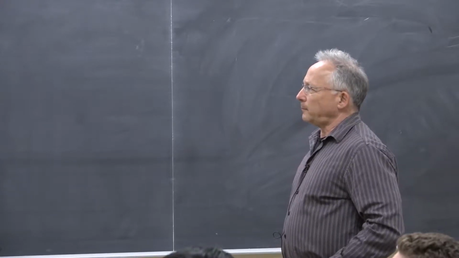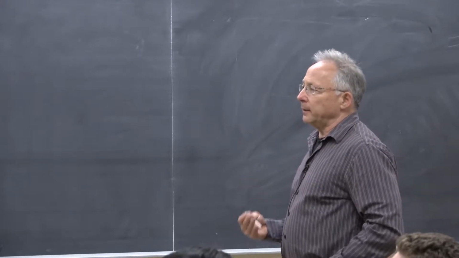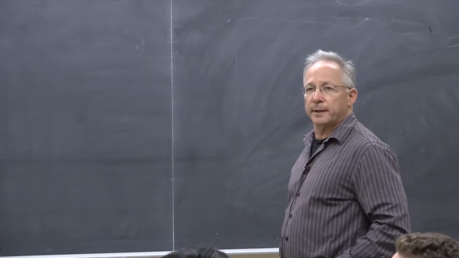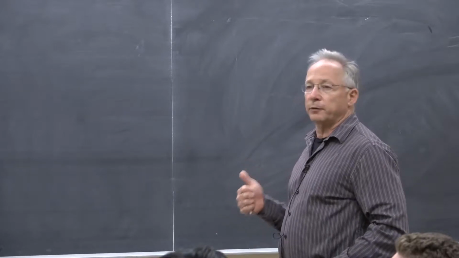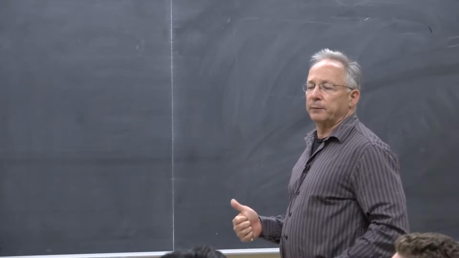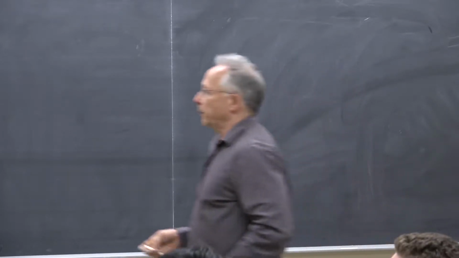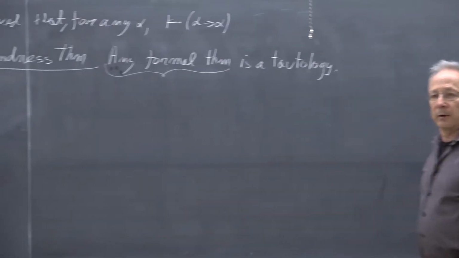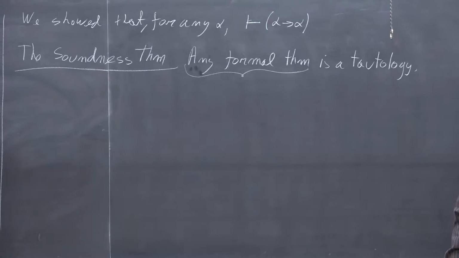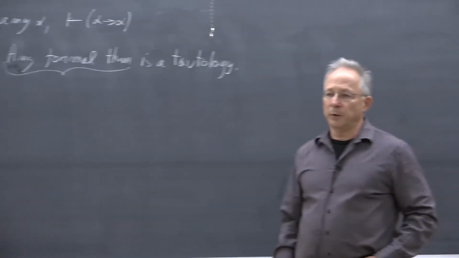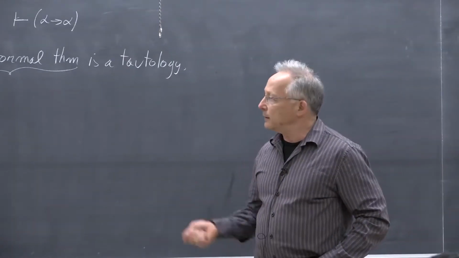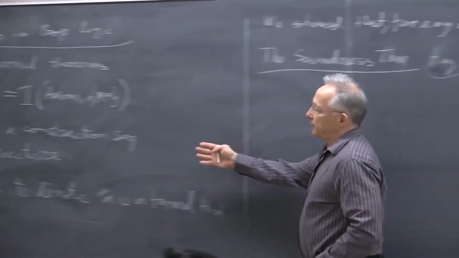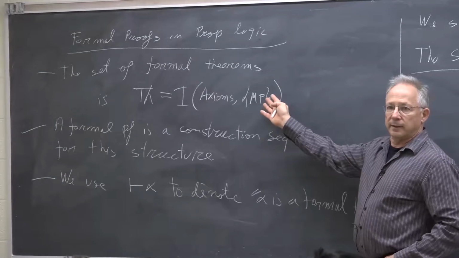Now, we started by listing three desirable properties of proof systems. We said the proof system should, first of all, make sure that everything we prove is indeed correct, and that's what we took care of here. We also want to make sure that there is a way to check what is a proof and what is not. And here there is a way, because a proof is a construction sequence in this system.